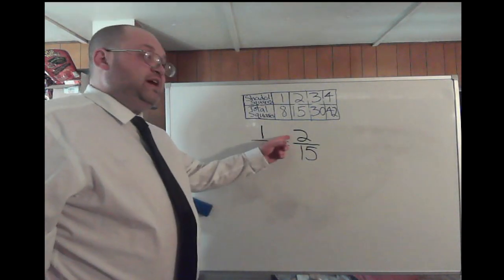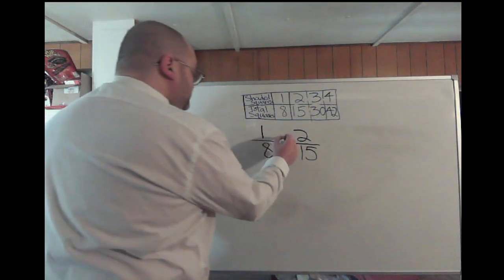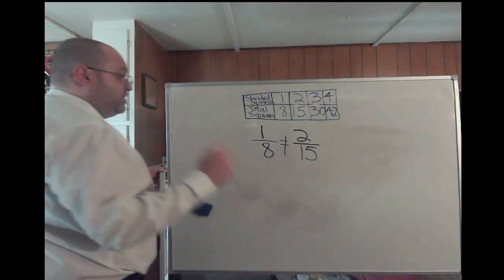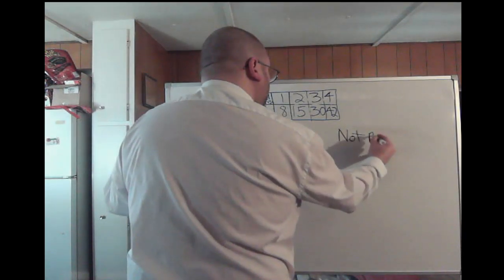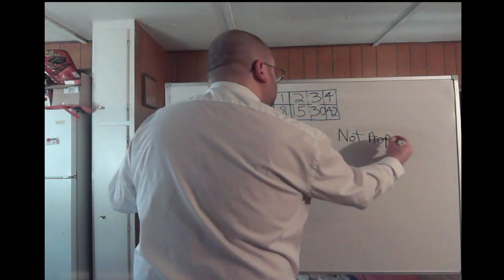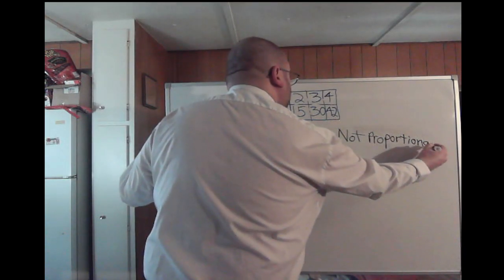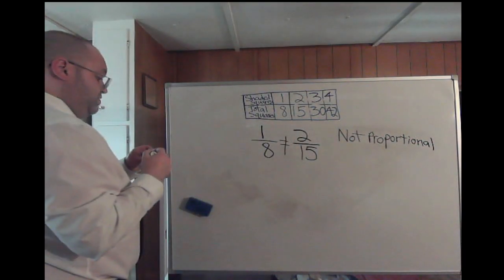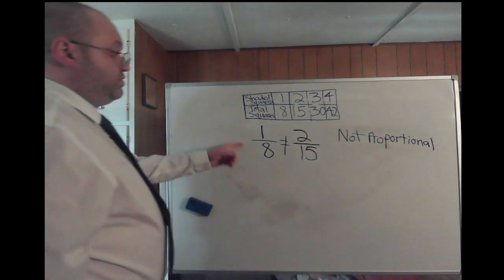There's no common factor between 2 and 15, so the two ratios are not equal. Therefore, right away, we don't have to go any further. We can clearly tell this is not a proportional relationship. This is not proportional, because the ratios don't all match.